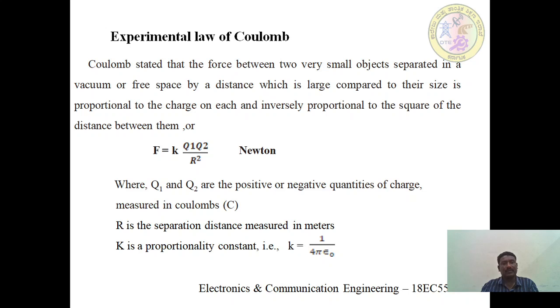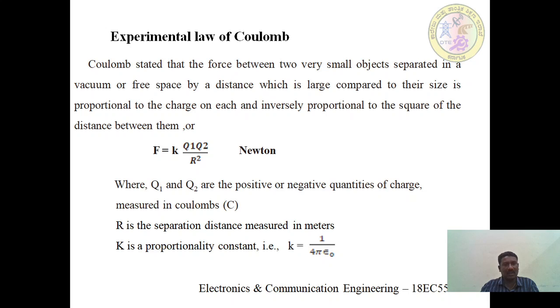See here, F is directly proportional to Q1 into Q2 divided by R square. The basic formula is F proportional to Q1 Q2 divided by R square.